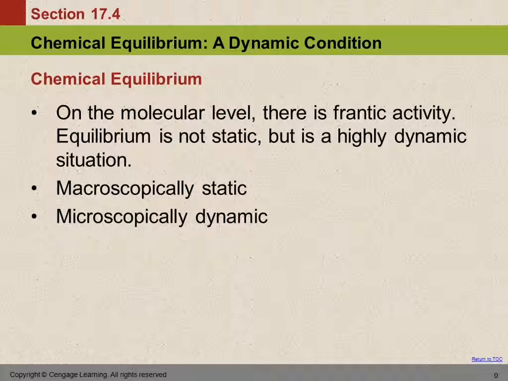It's highly dynamic. But we can't see that happening. What we see, if we can see anything relevant to this, is that it looks like it's the same. So macroscopically, on the level that we can see, it is static. But microscopically, it's dynamic, it's changing.